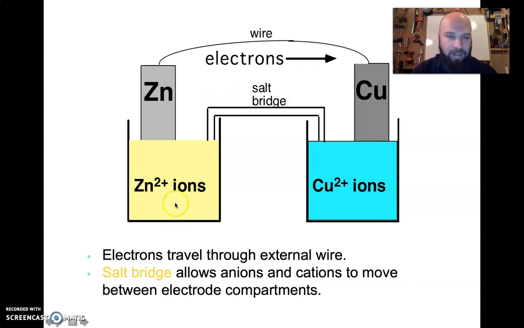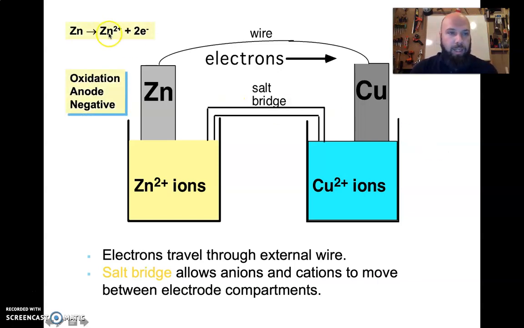If this zinc ion solution starts to have a negative charge, then solid zinc would be ionized and go into that solution, producing more 2+ ions, giving a negative charge to the zinc, which causes the electrons to leave. And you get this whole cycle continuing to go through, and that's the complete current. That's that whole cycle. If you attached a voltmeter to this wire, you could measure a voltage that is going through this cell.